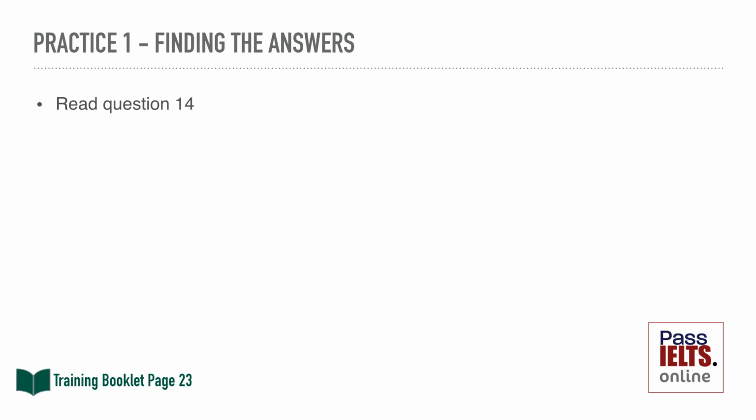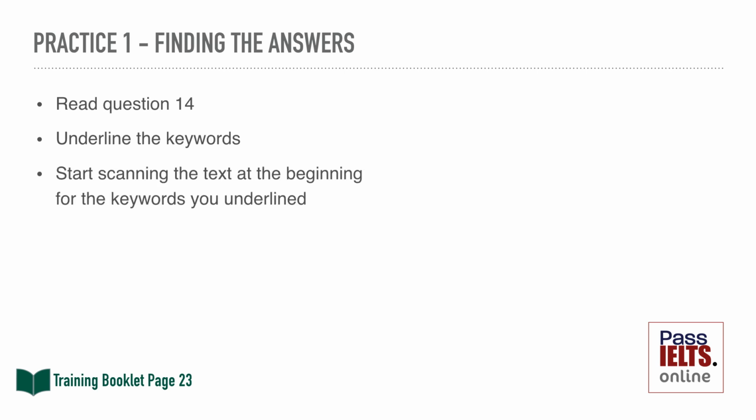First of all, read question 14 and underline the key words in the question. Now you can start scanning the text at the beginning for the key words that you underlined.